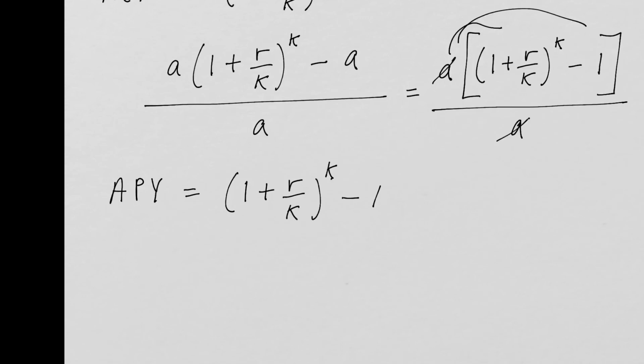Okay, now I want to talk about the limit. What happens if you keep going? You compound annually, then semi-annually, then quarterly, then monthly, then daily, hourly, once a minute, once a second, once a millisecond, once a nanosecond, and you keep going until you get to continuously. So what happens if we try to do this?